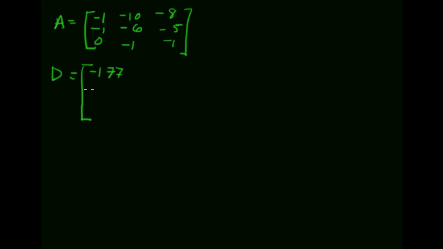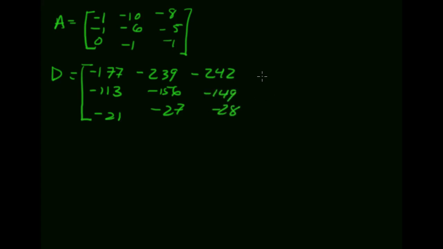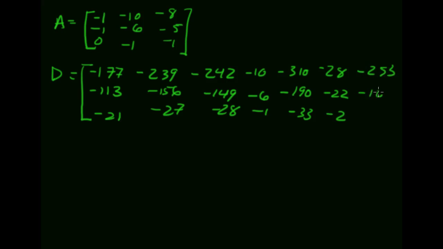Negative 177, negative 113, negative 21, negative 239, negative 156, negative 27, negative 242, negative 149, negative 28, negative 10, negative 6, negative 1, negative 310, negative 190, negative 33, negative 28, negative 22, negative 2, negative 253, negative 160, negative 26.